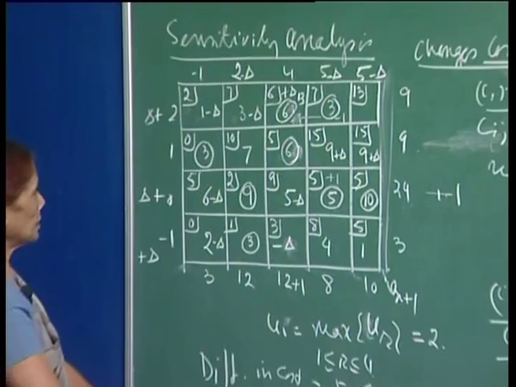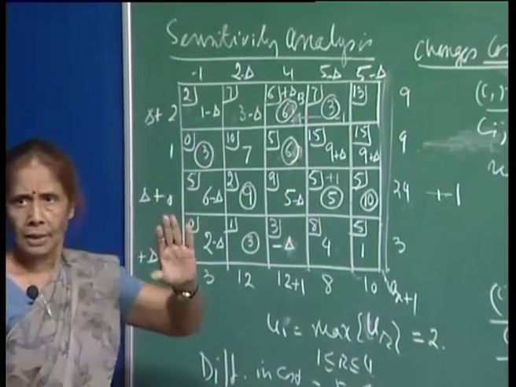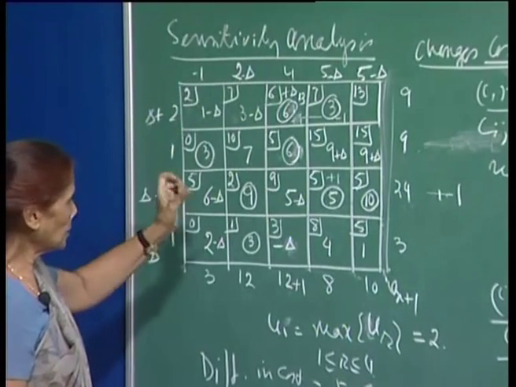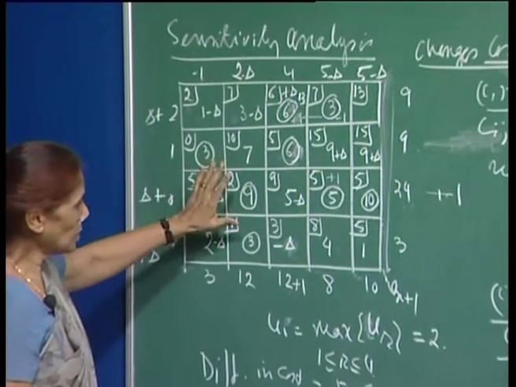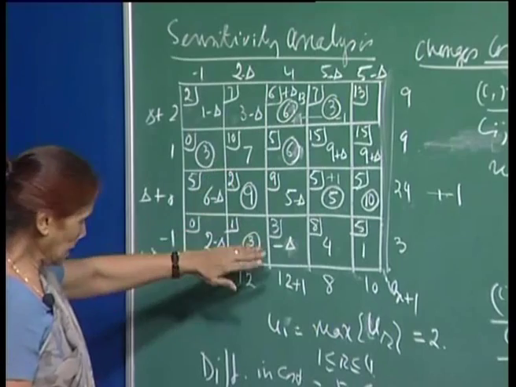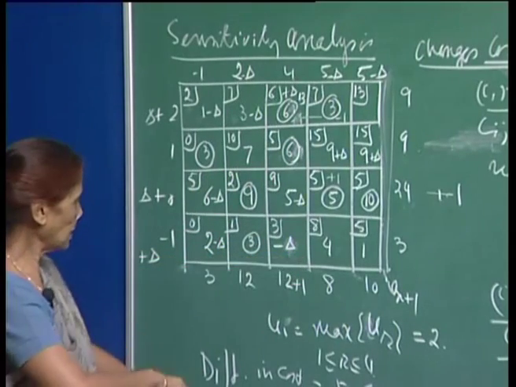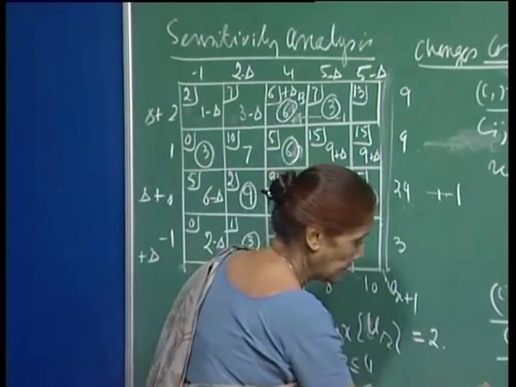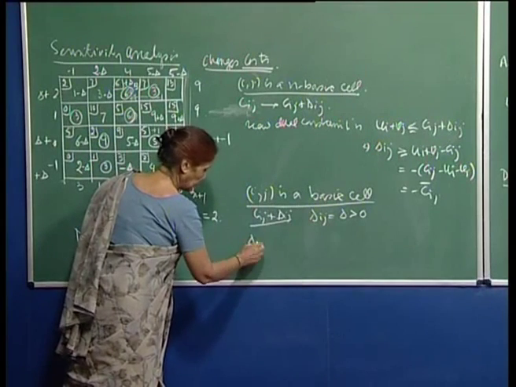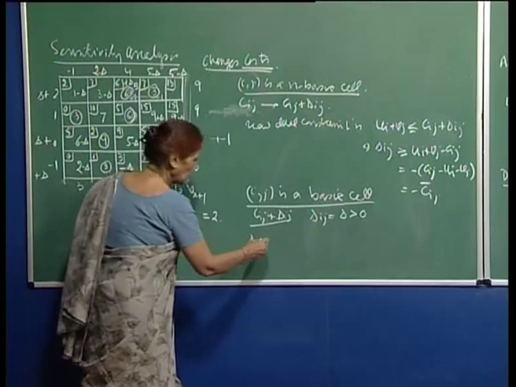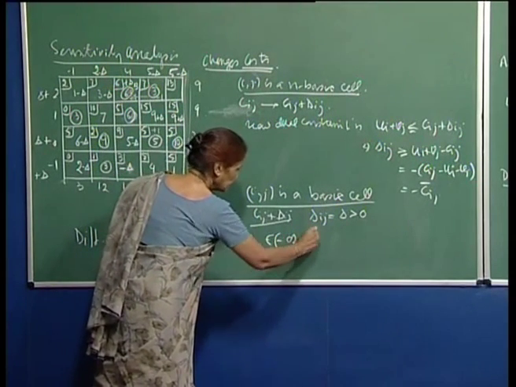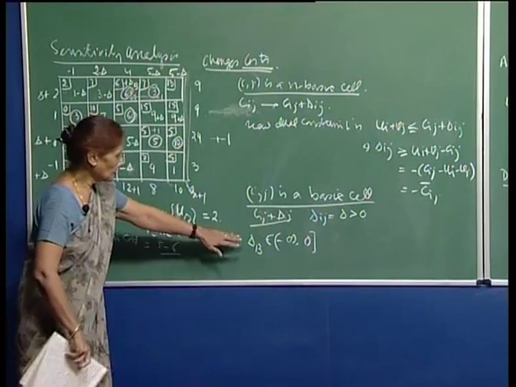So, in general you would have an interval for delta, and if your delta is in that interval, then the current solution will remain optimal. But in this case, this particular number is coming out to be minus delta. So, if delta 1 3 is in the interval minus infinity to 0, then the current solution will remain optimal.